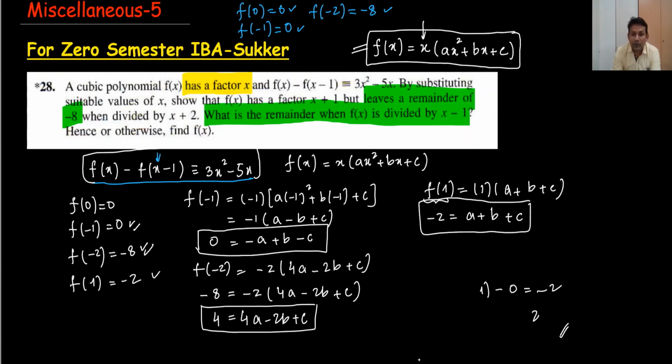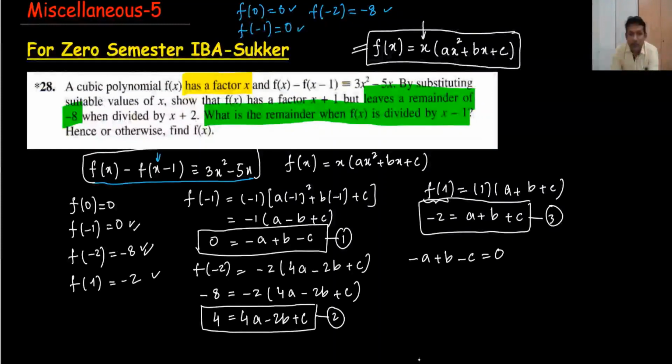Now we just need to do what? Simultaneous equations: equation number 1, equation number 2, and equation number 3. How can we do it simultaneously? Let's see. If I take equation number 1, minus a plus b minus c equals 0, and equation number 3, a plus b plus c equals -2, and I add both the equations, then what will happen?